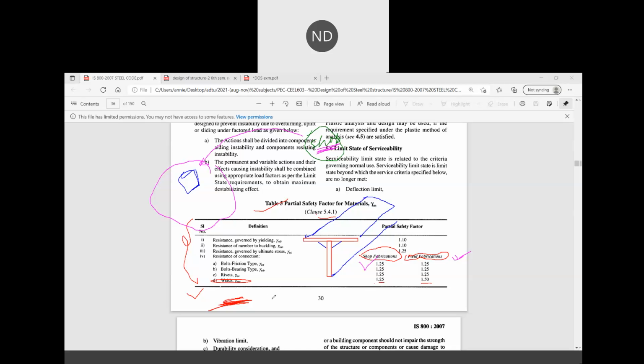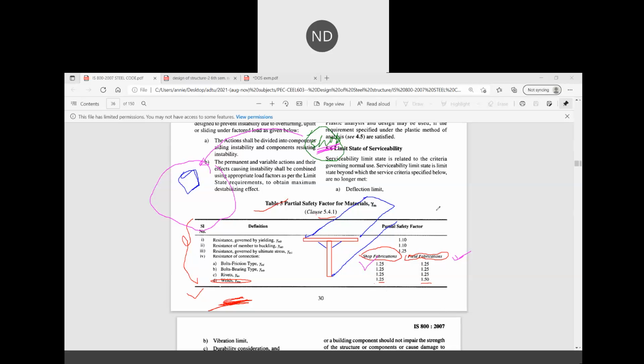Okay, that means when you are designing, it is your choice whether you want to take shop fabrication or field fabrication.